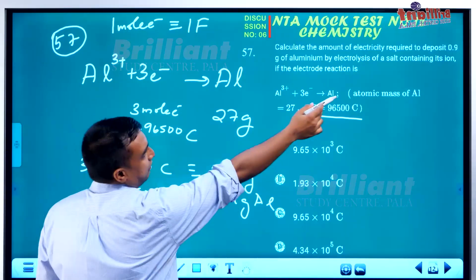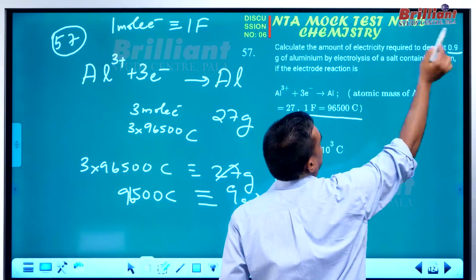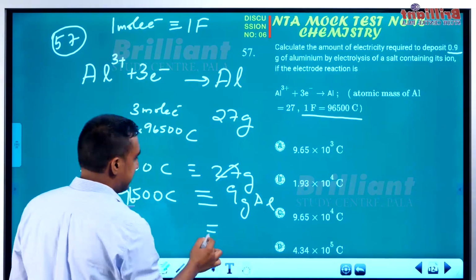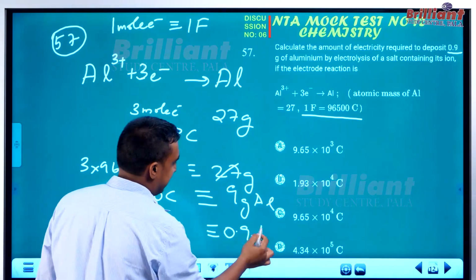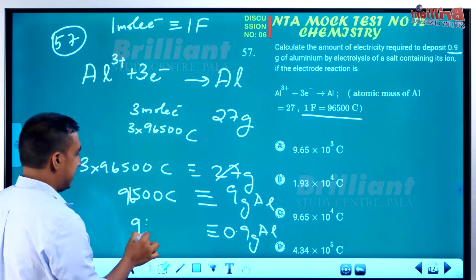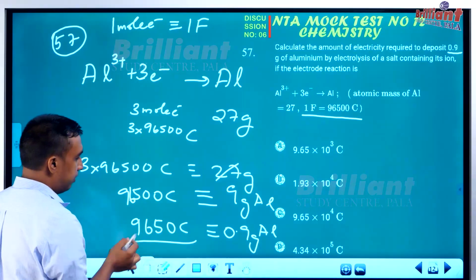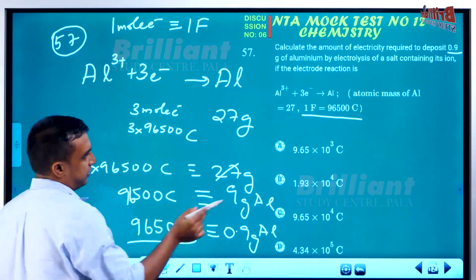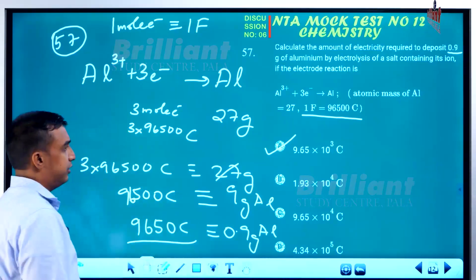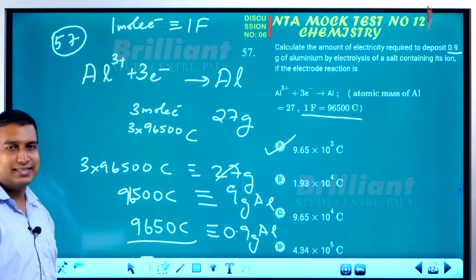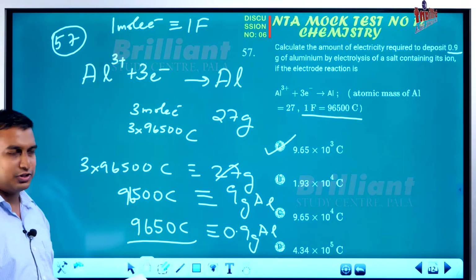But they have asked for 0.9 gram instead of 9 gram. So I'll have to divide by 10 again, and this will become 9650 coulomb. So which option corresponds to 9650 coulomb? Option A. So for question number 57, the answer is option A. Coming to the next question.